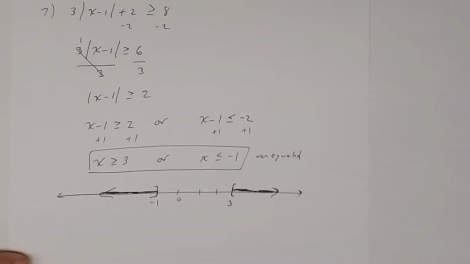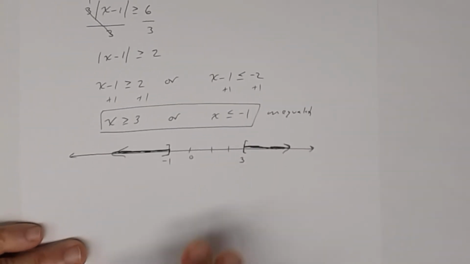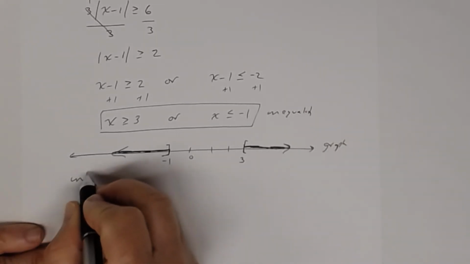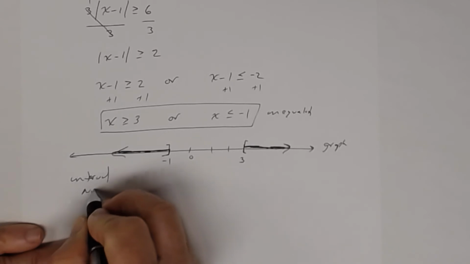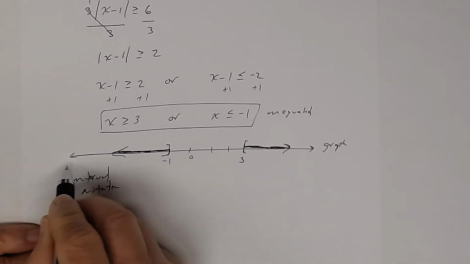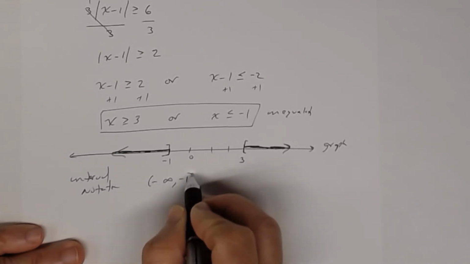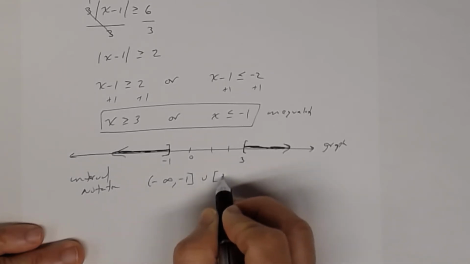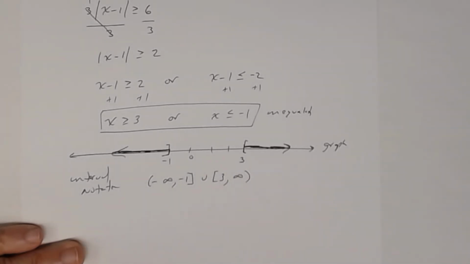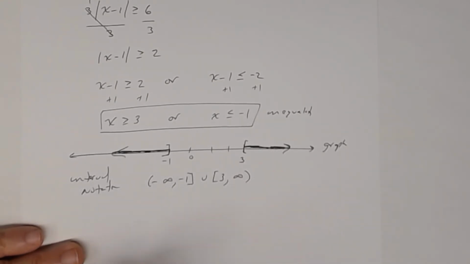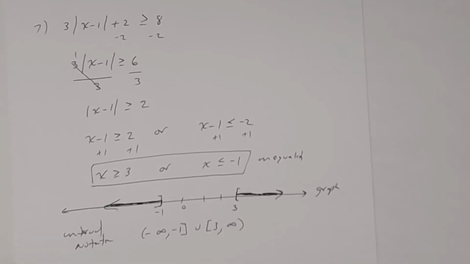Okay? All right, so that's the graph right here. Then in interval notation, go from left to right. So negative infinity to negative 1 with the bracket, union, and then bracket 3 to infinity. Remember, parentheses around infinity, negative infinity. So that's number 7. So not difficult at all, right? Very simple process.